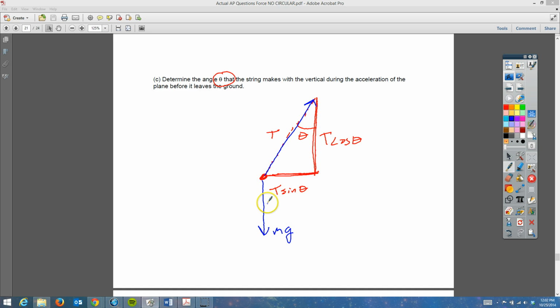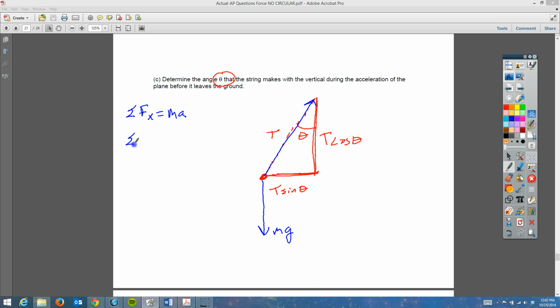So let's go ahead and do the sum of the forces in both the y and the x. So the sum of the forces in the x direction is going to be equal to ma.